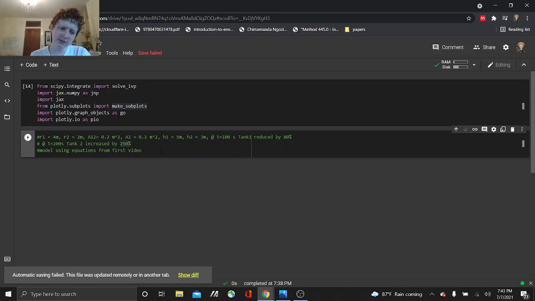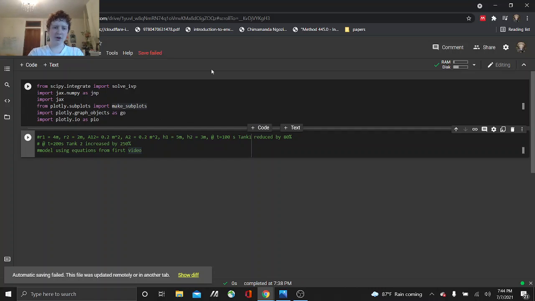And we've also been given some additional information here where we've got some values for these variables like the radius and the cross-sectional area. We've been given the initial steady state heights for these spherical tanks, and we've also been told that at time equal to 100 seconds, the flow rate going into tank 1 is reduced by 80%, and at time equal to 200 seconds, the flow rate going into tank 2 is increased by 250%.